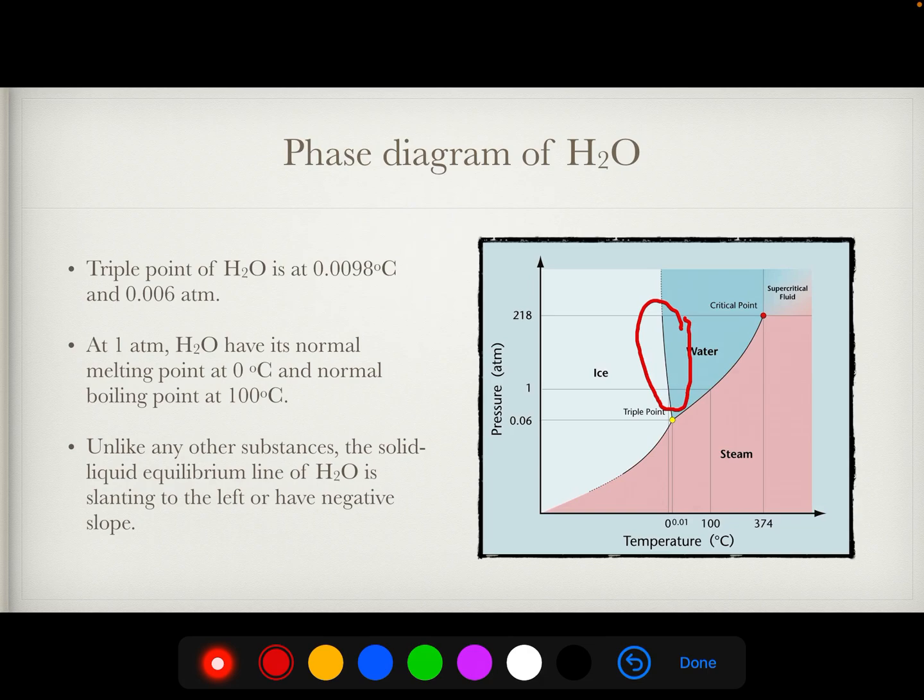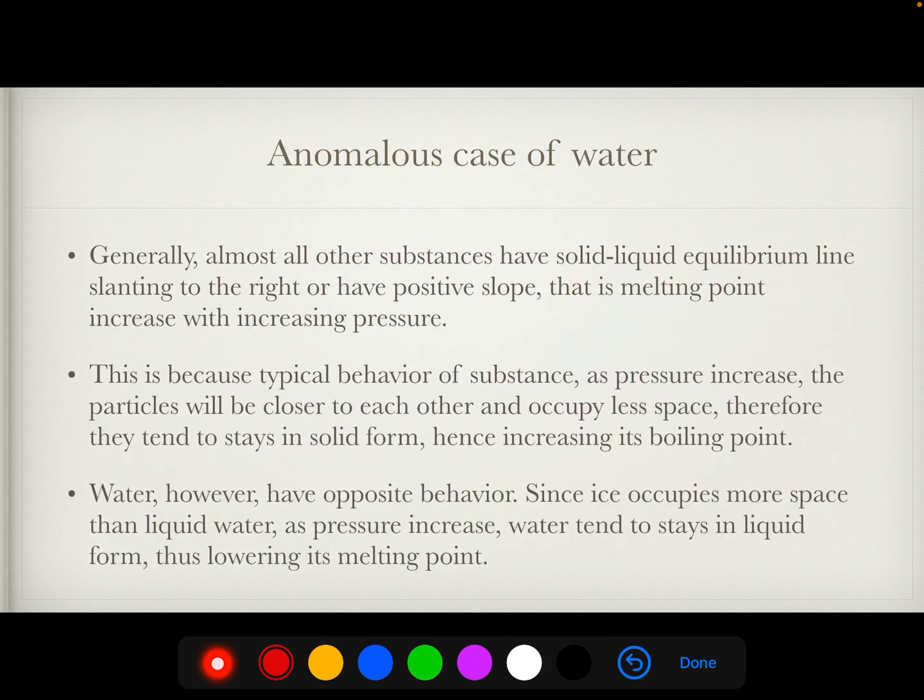If you look at the phase diagram of carbon dioxide or of any other substances, like the general shape of phase diagram I showed earlier, this line is usually slanting to the right, or has a positive slope. However, for water, this line is slanting to the left, or has a negative slope. Why does this happen?